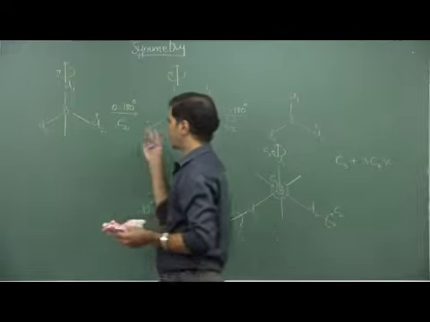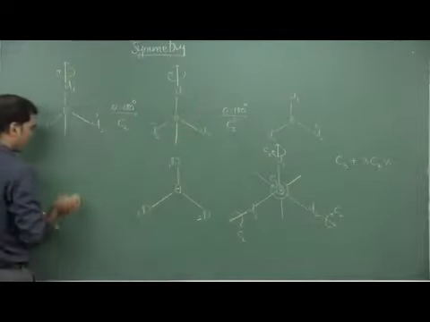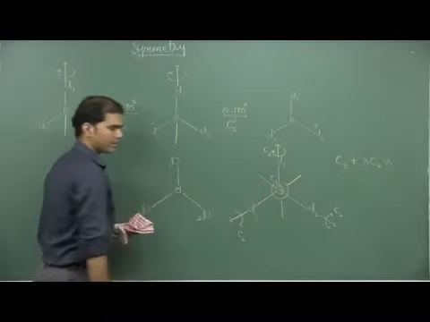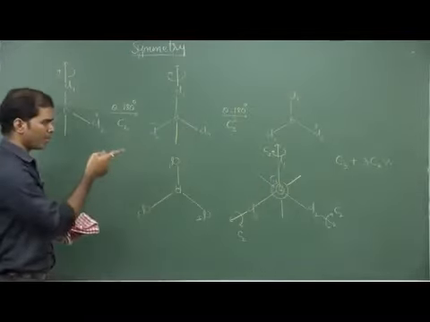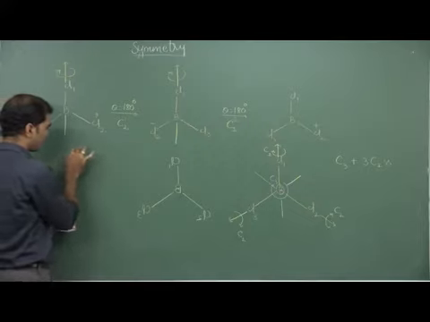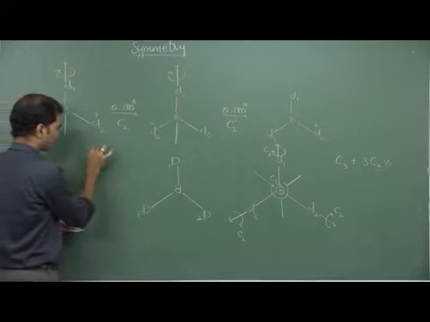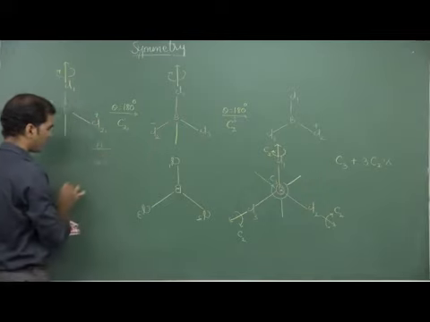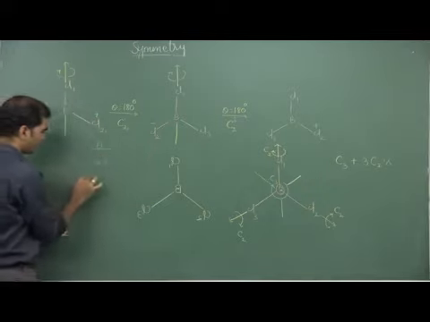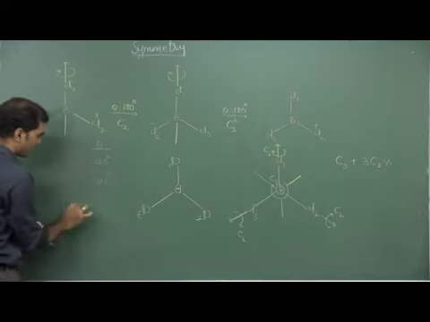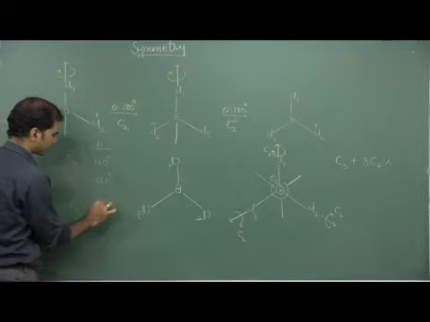If you go back, for BCl3, there is a C3 rotational axis. So how many times did we operate that C3? If you go through C3^1, it was a 120-degree angle. We had a C3^2. We also had C3 for the third time.